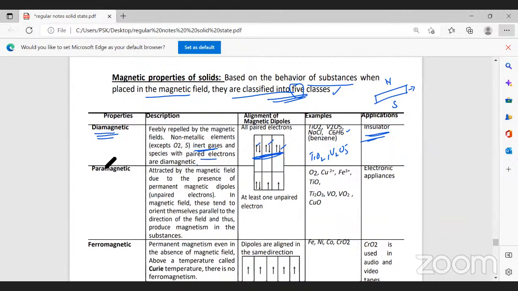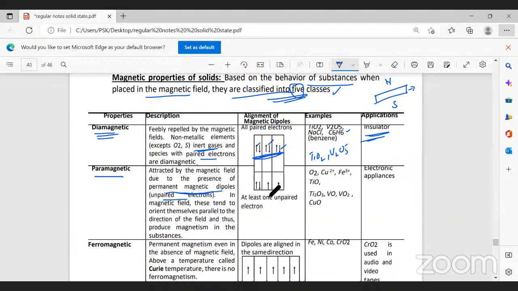or it is because of the presence of paired electrons. Now, paramagnetic substances, the next one, are attracted by the magnetic field due to the presence of permanent magnetic dipoles. Magnetic dipoles are nothing but unpaired electrons. You can see the configuration here. This has unpaired electrons. Since they have unpaired electrons, they will be attracted towards the magnetic field.